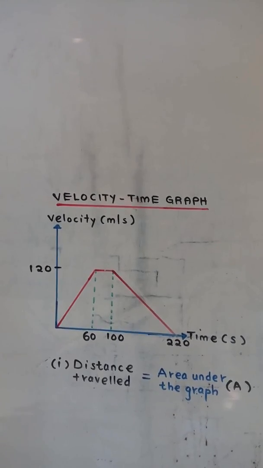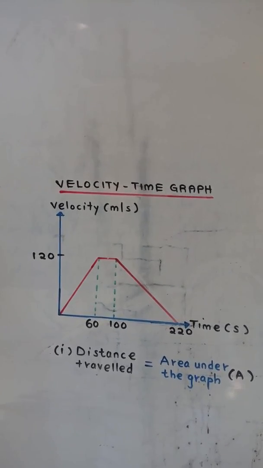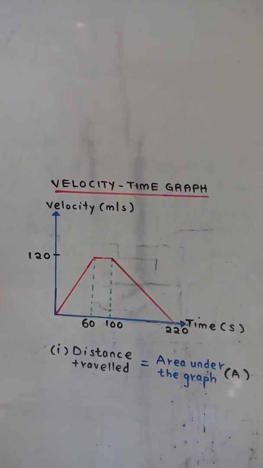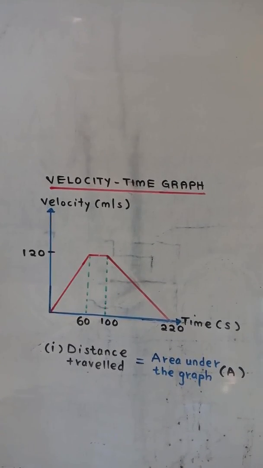220. Roman 1. Distance traveled is equal to the area under the graph.